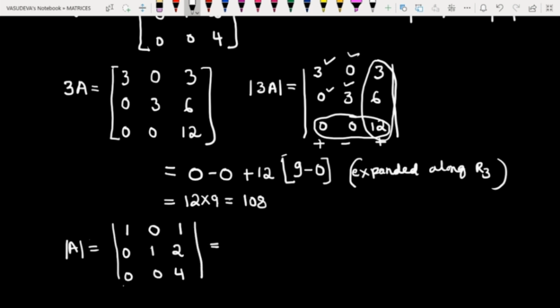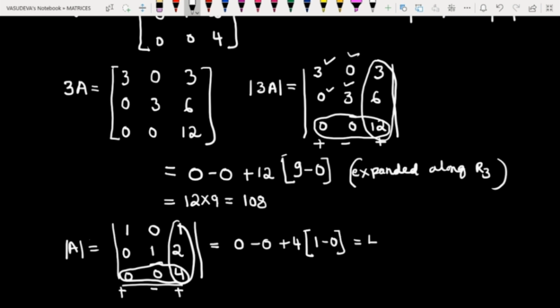Expanding again, this third row contains the maximum number of zeros. The sign associated with this row is plus minus plus, and the first element 0, then minus 0, plus 4 into, deleting the third row and the third column, the remaining elements are 1 0 0 1. Therefore 1 into 1 is 1 minus 0, that is equal to 4.